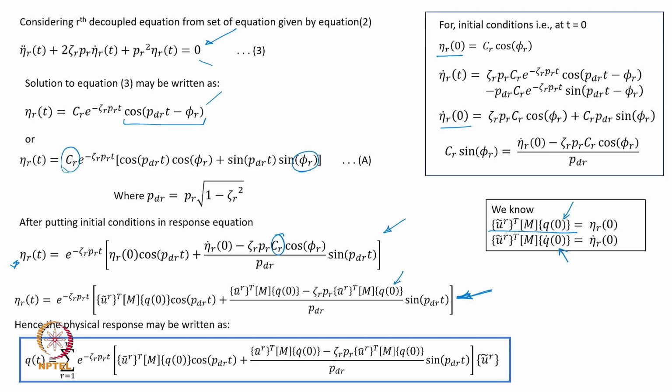Now, in terms of the initial conditions in the physical coordinate, and then when you substitute eta r t in the expression of the modal expansion, where q t was represented as a summation series involving modal vectors, this is the way the final expression turns out.